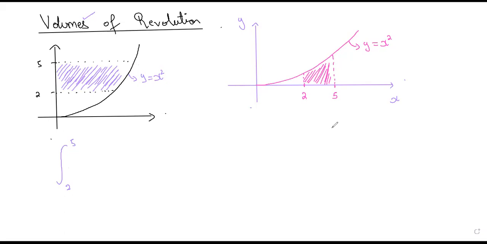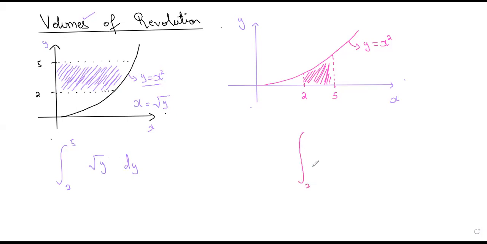But this time around, we are going to have what? Can anyone tell me? We'll be having dy because it is between the y-axis and the curve, and the equation would be x equals something. Okay, so I'll make x the subject, and that would give me root y, and this would be the integral for this.